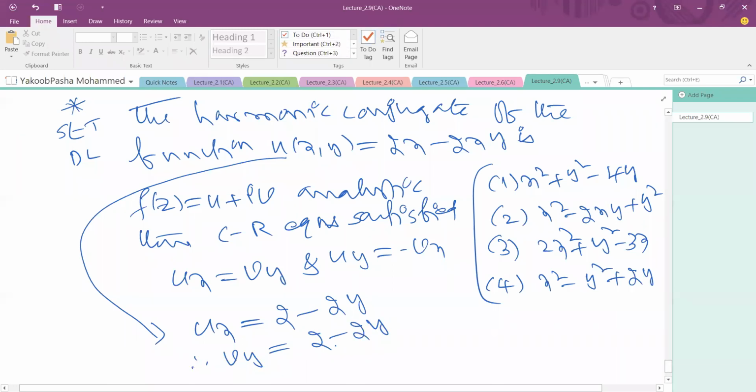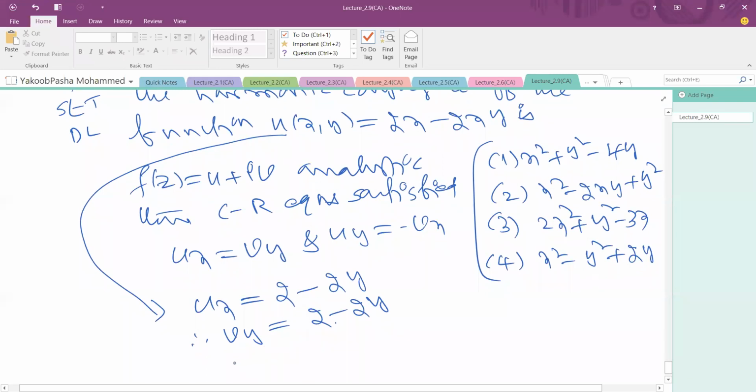Now vy is equal to 2 minus 2y, and integrate with respect to y.